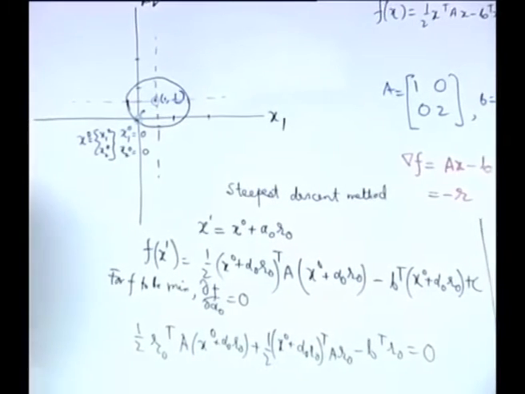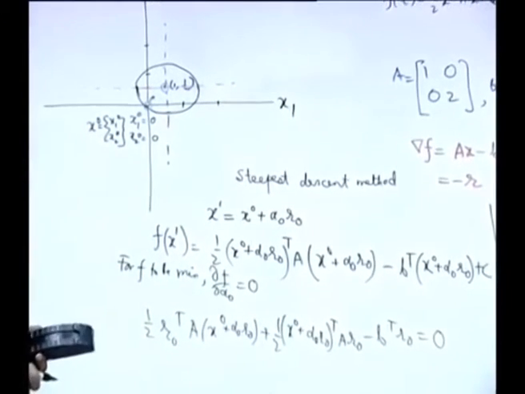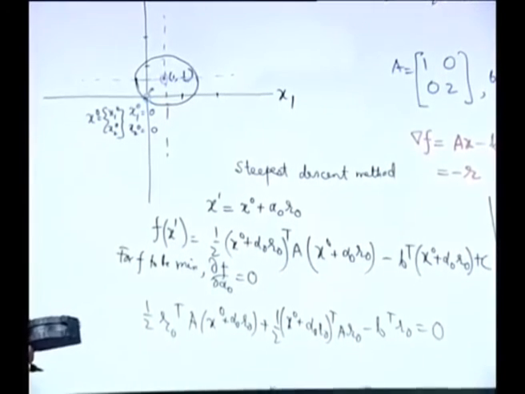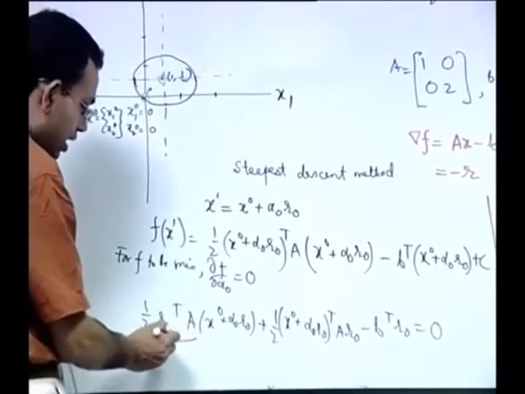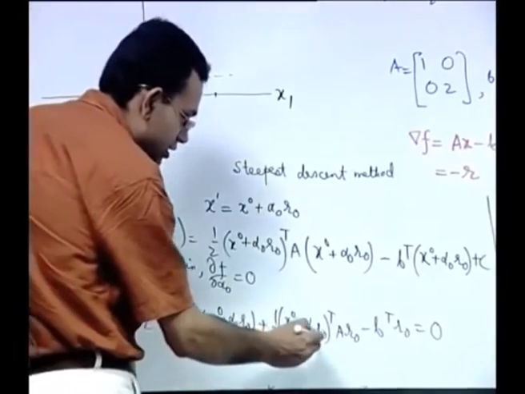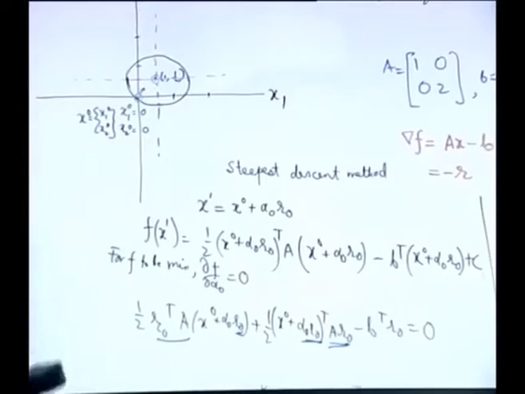If you take alpha 0 common, here there are two terms, each containing half of r0 transpose A r0 combined with alpha 0.